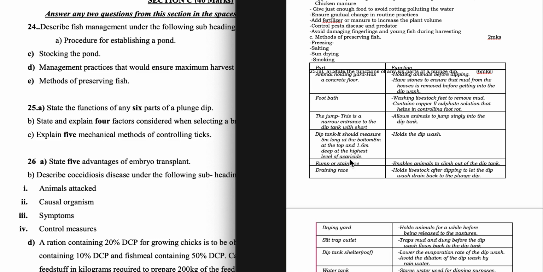It holds the dip wash. And then we have the ramp or staircase, which enables animals to climb out of the dip tank. And then we have the draining race, which holds livestock after dipping to let the dip wash drain back to the dip tank.